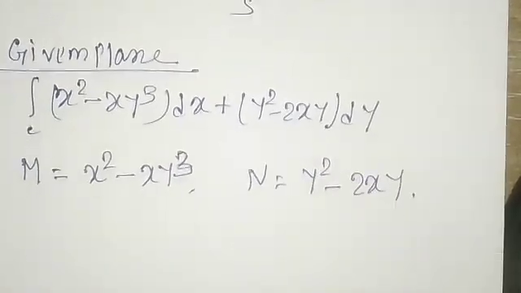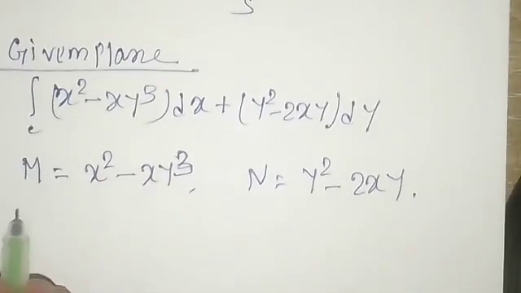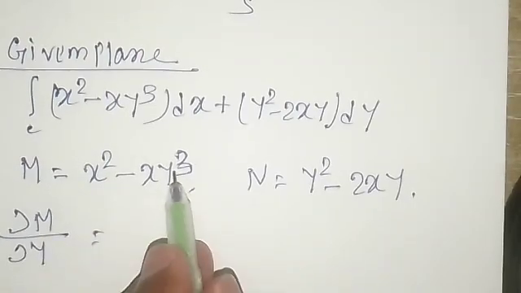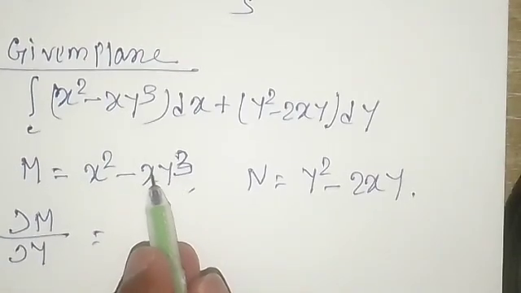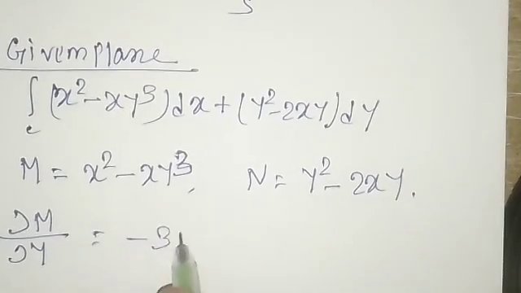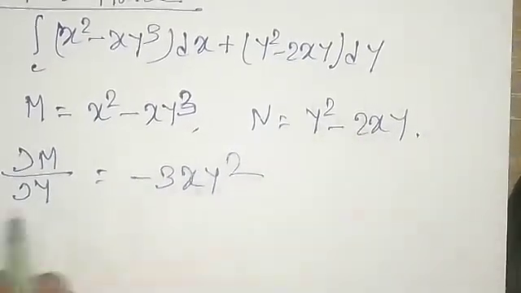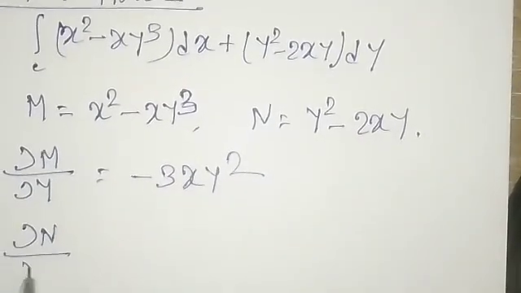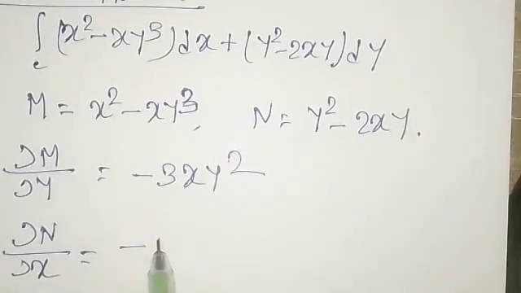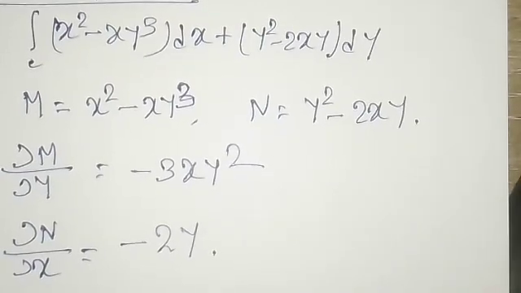Then we differentiate partially with respect to y and x. The partial derivative dou M by dou y is minus 3xy square, and dou N by dou x is minus 2y. So we got dou M by dou y and dou N by dou x.